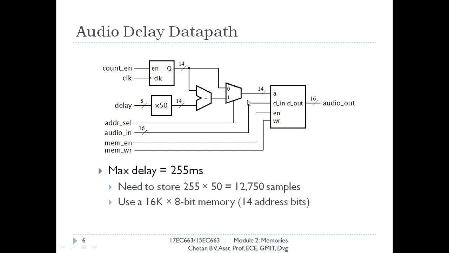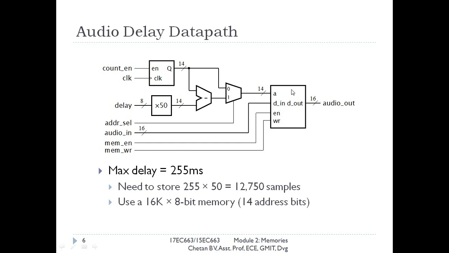So that address will be applied to the address line. At the same time, this WR, which controls read write operation, should be made 0 for read operation. In read operation, there is no significance of the input port, so don't bother about the input port.